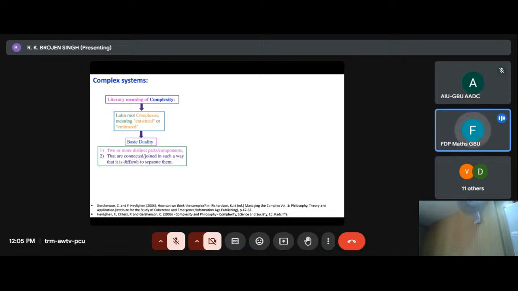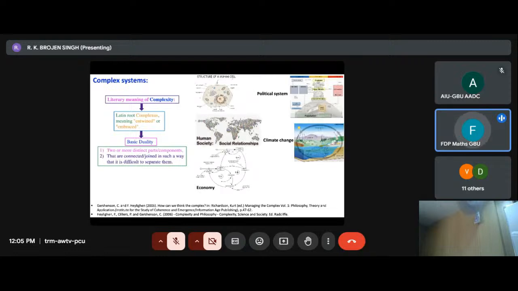These are all integral parts of the system. There are many examples of systems, starting from the microscopic cellular system, to human society, social relationships, the economy, climate change, and a large number of systems where one can always define the system.